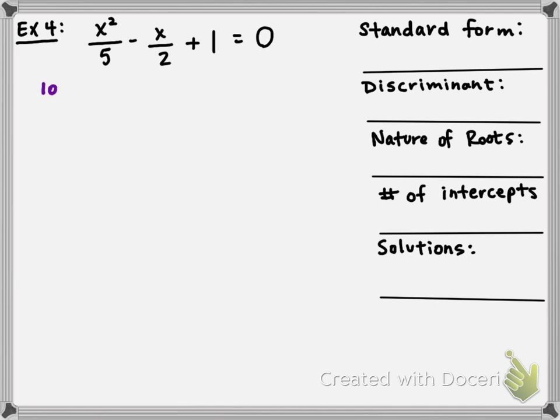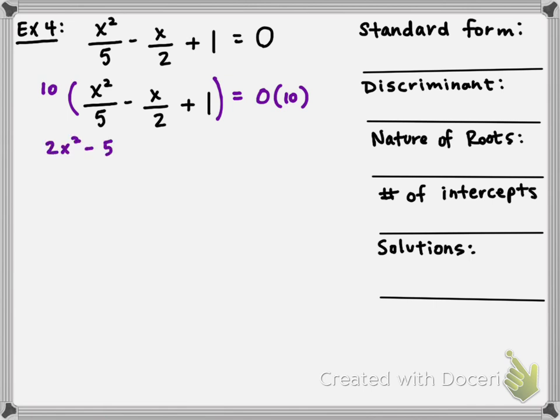So it's going to be 10 times what I have and then 10 times the other side as well. So 10 times what I have, which equals 0 times 10. Okay, when I multiply this all by 10, I should get something like 2x squared minus 5x plus 10 equals 0.